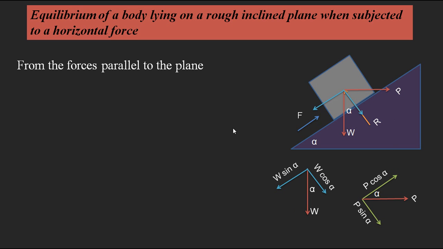Parallel to the plane, the first one is P cos alpha, which is the component of P parallel to the inclined plane. Next, plus another component, F, the frictional force. The frictional force is already acting along the plane, and P cos alpha and F are in the same direction, so we take the sum of the two forces.